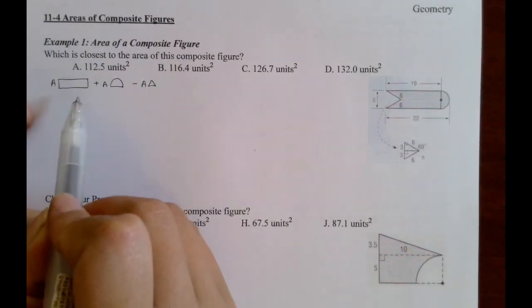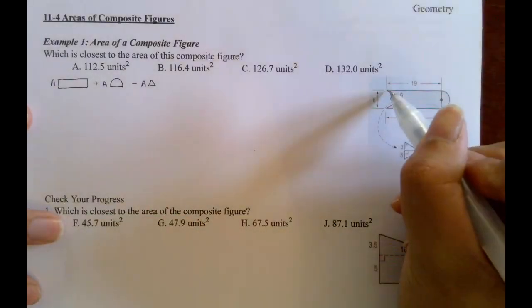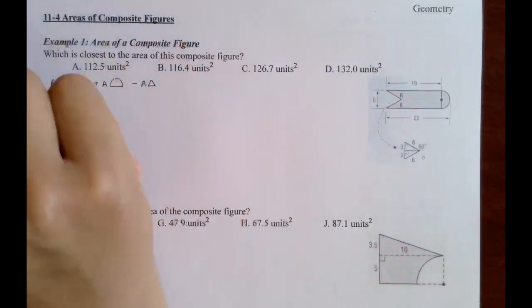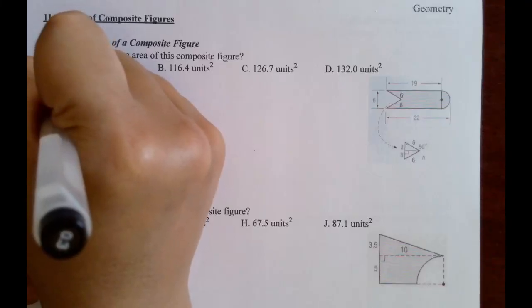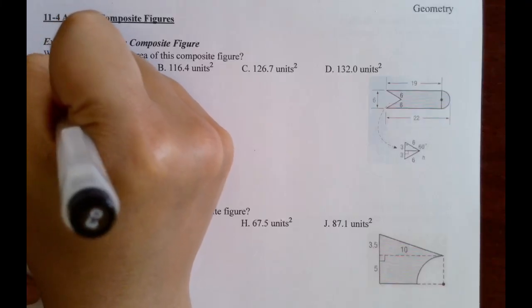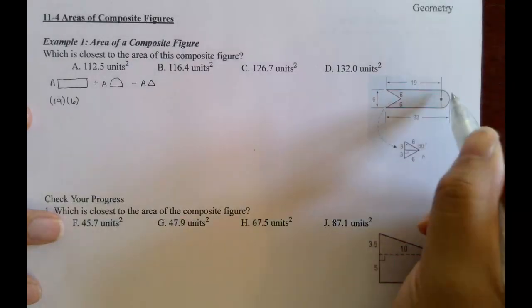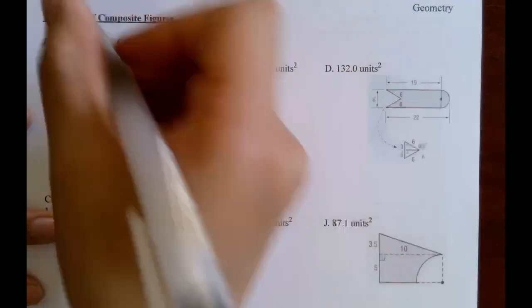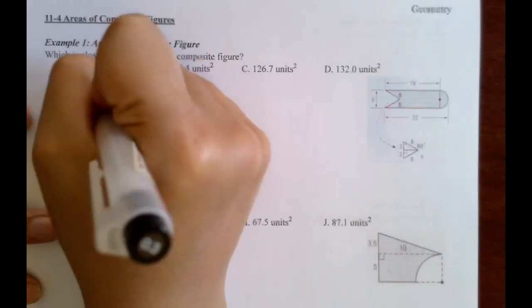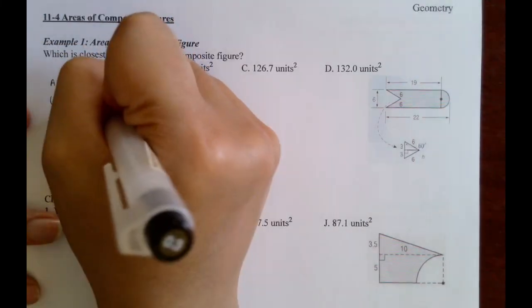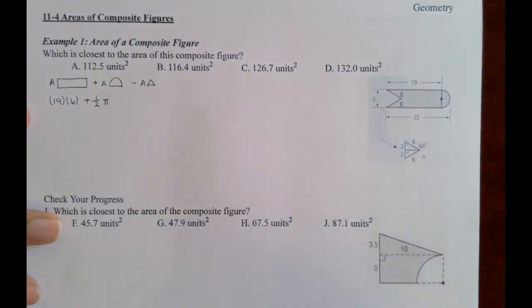So let's get started. The area of this rectangle here, this is 19, this is 6, so the area of the rectangle would be 19 times 6. Then the area of the semicircle, so this is half of a circle, so it's going to be half of pi r squared.